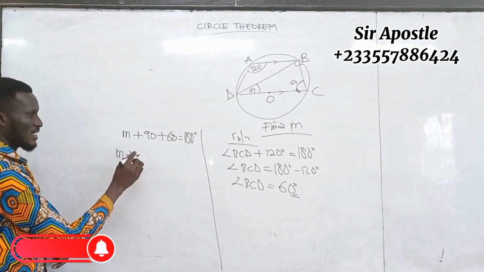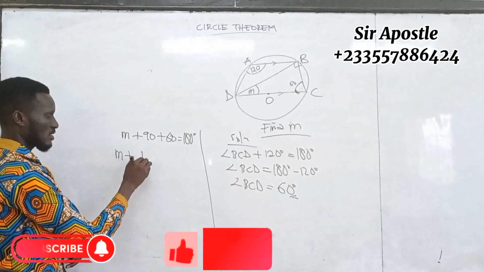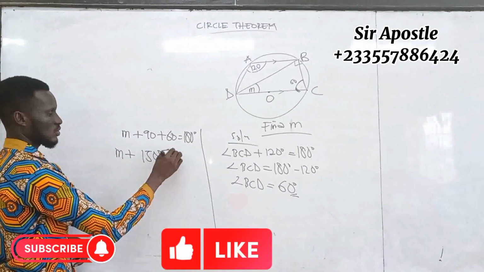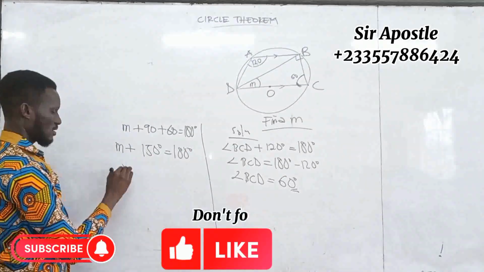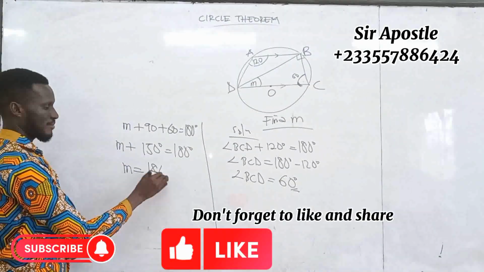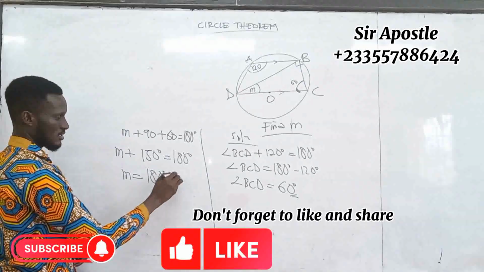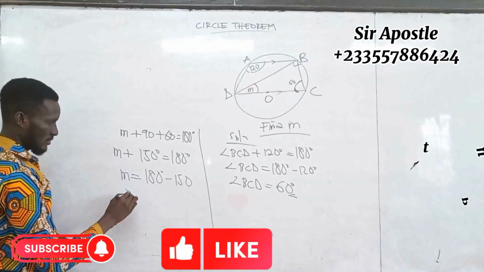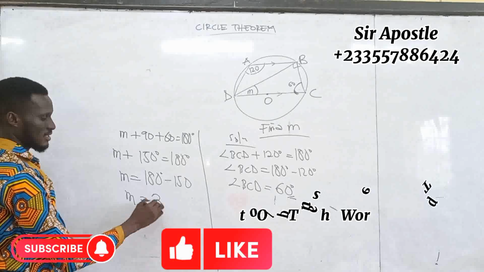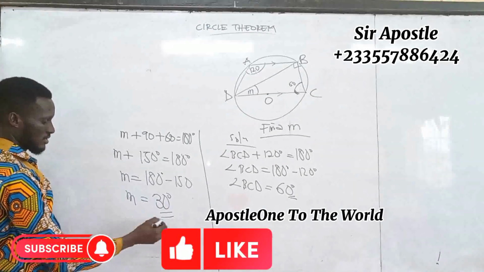So m plus 90 plus 60 gives us 150 degrees, which equals 180 degrees. So we can easily get a value for m, which is 30 degrees.